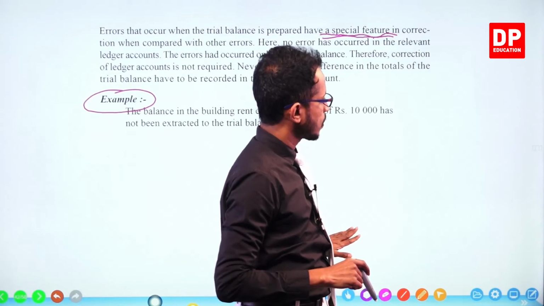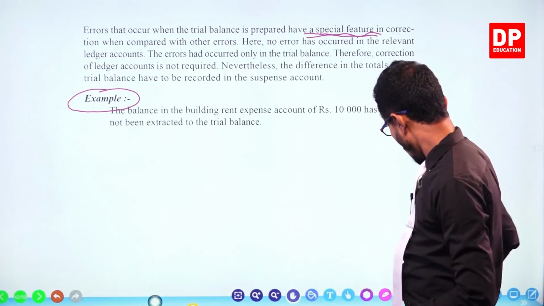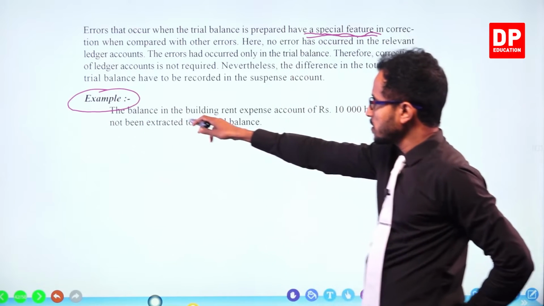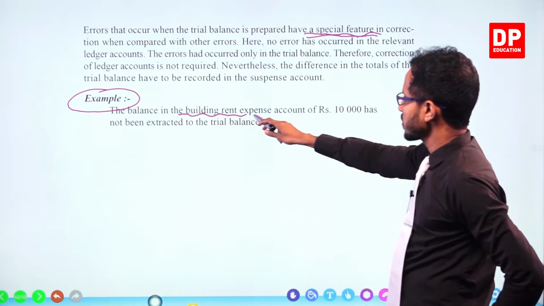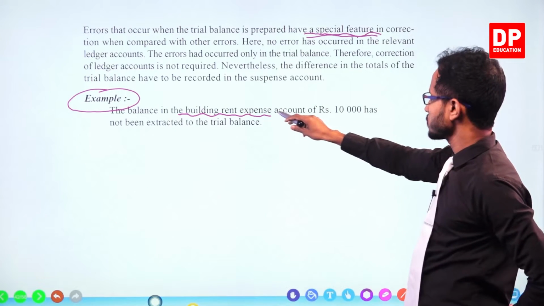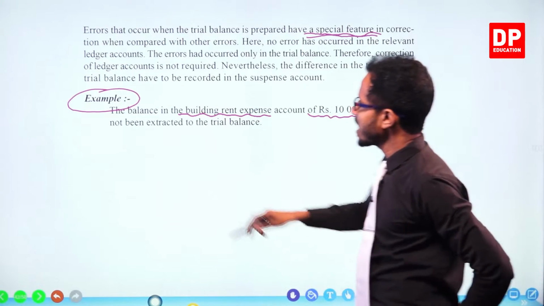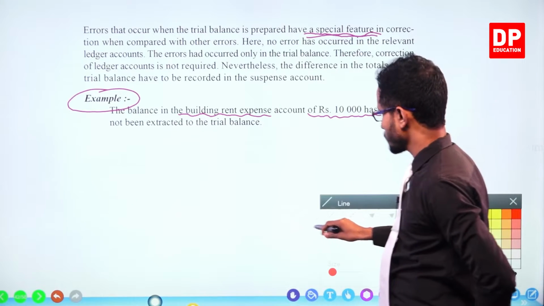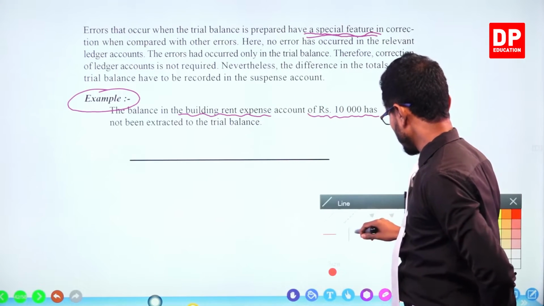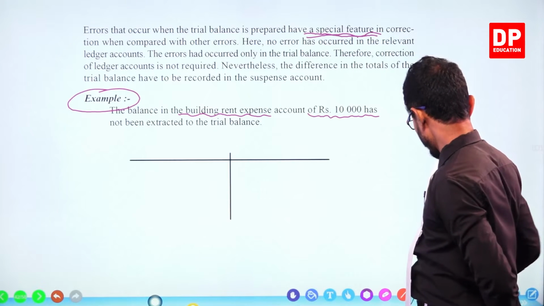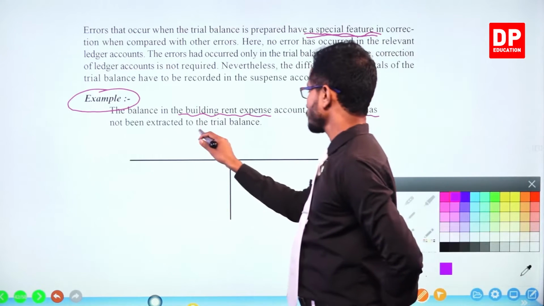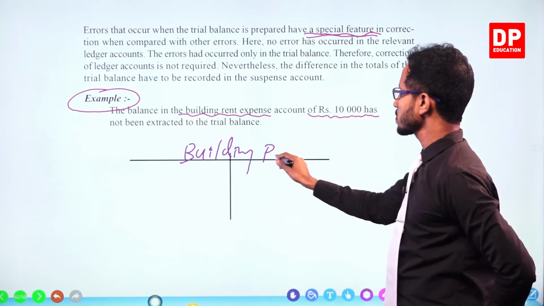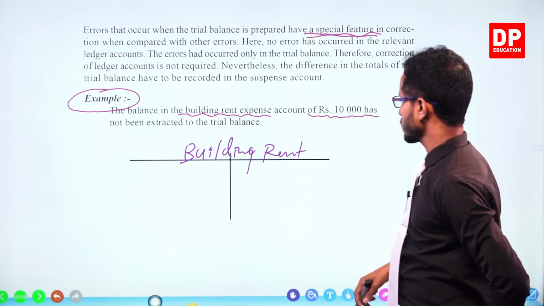Example: balance in the building rent expense, rupees 10,000, has not been extracted to the trial balance. There's an account called building rent, and the building rent account has a balance.